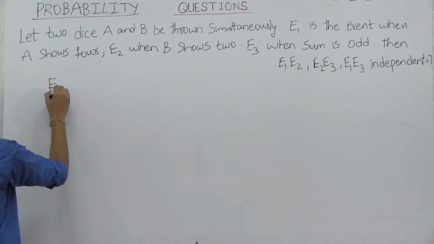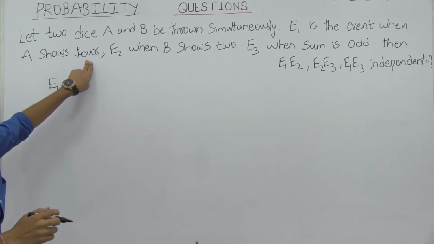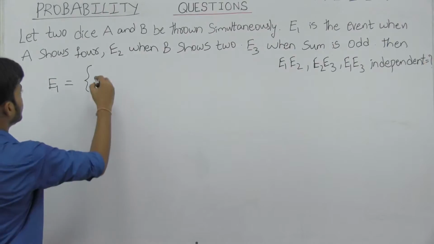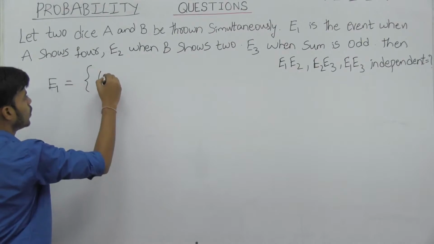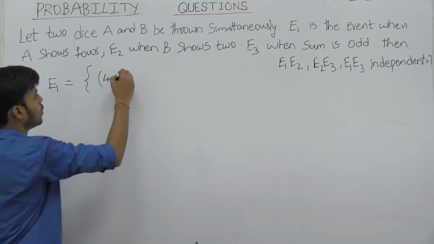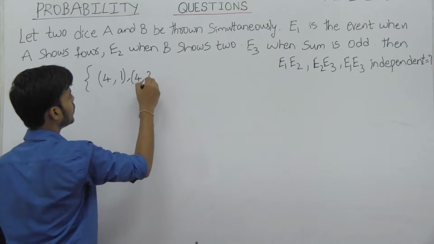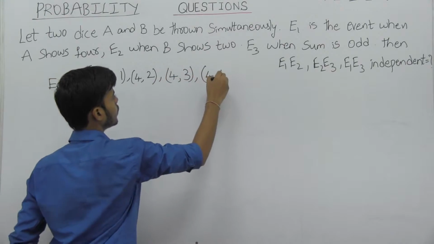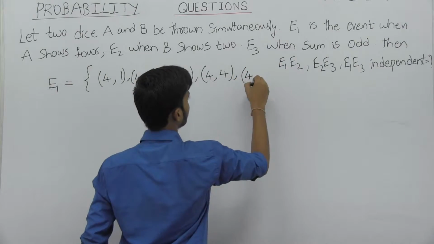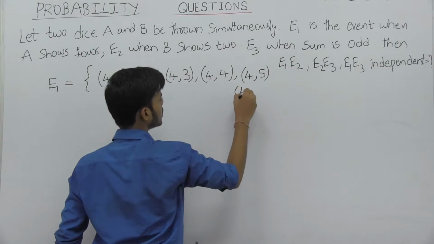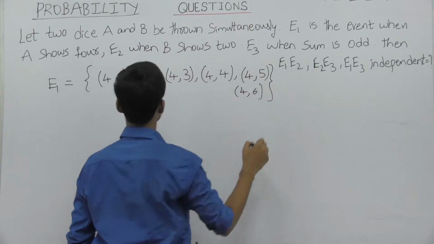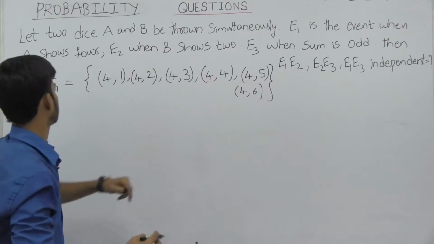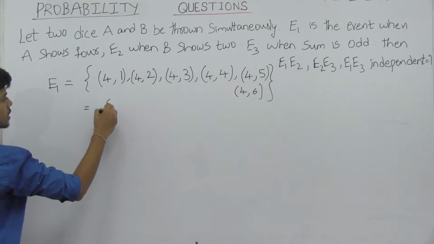So E1 is the event when A shows 4. Let's see the total number of ways it can occur. A shows 4, so 4 is fixed, then B can be 1, B can be 2, B can be 3, B can be 4, B can be 5 and B can be 6. So the total number of ordered pairs we get is 1, 2, 3, 4, 5 and 6, which is 6.